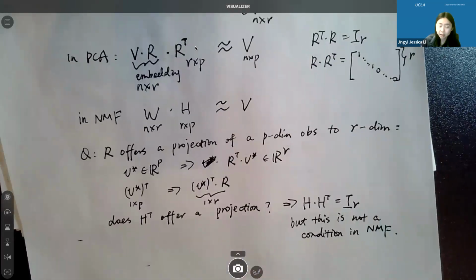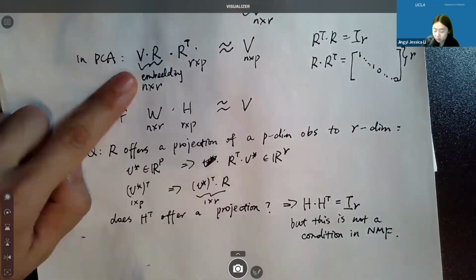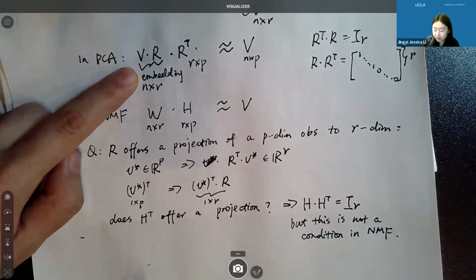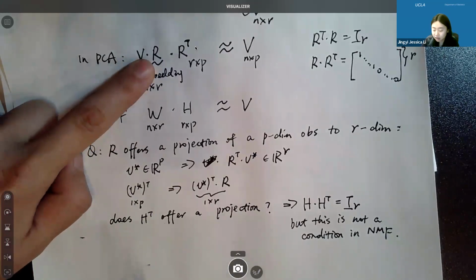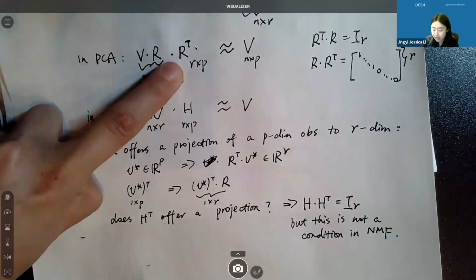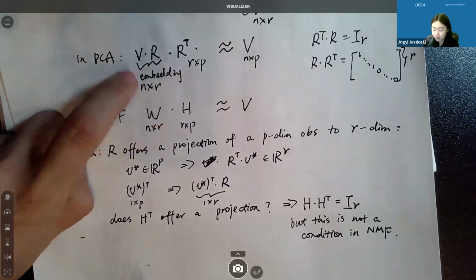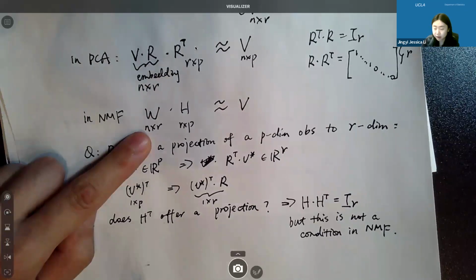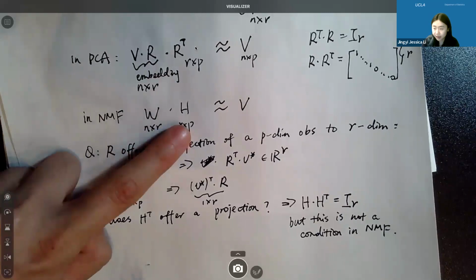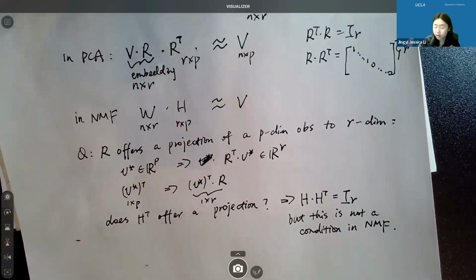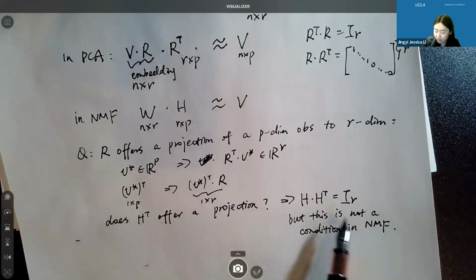So in other words, in PCA, we would have the embedding matrix as V R, the loading matrix as R transpose. That's the PCA thing. In the NMF, we just allow W and H to be any two non-negative matrices without requiring any orthogonality condition on the H transpose. So therefore, naturally, NMF doesn't offer a projection.